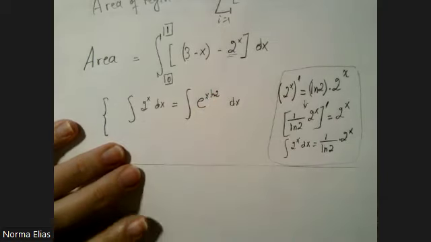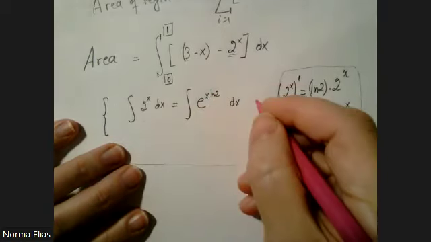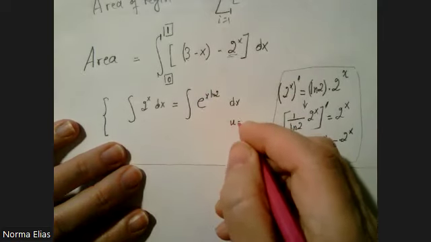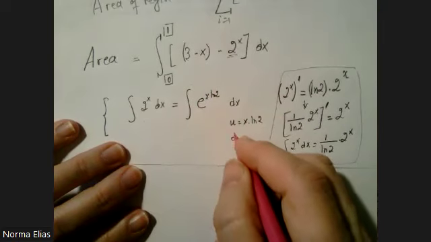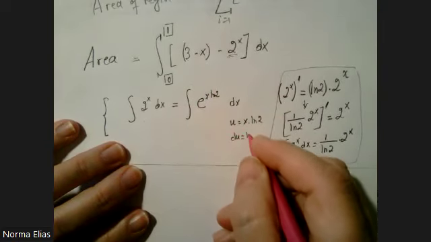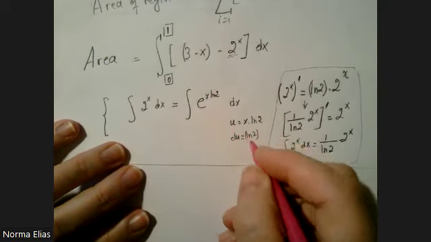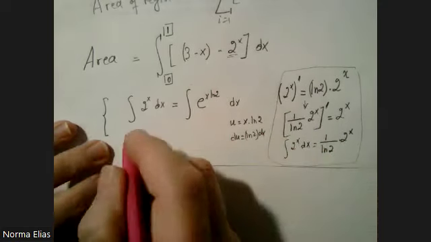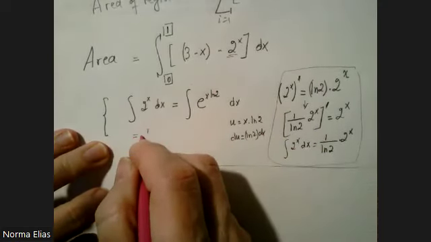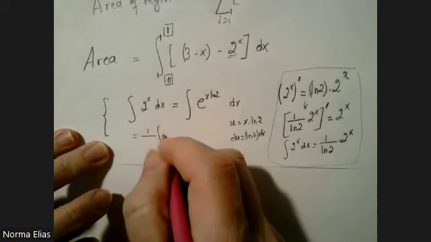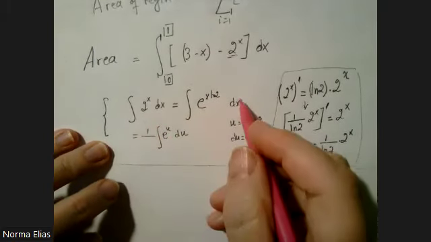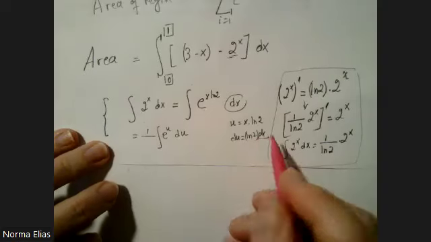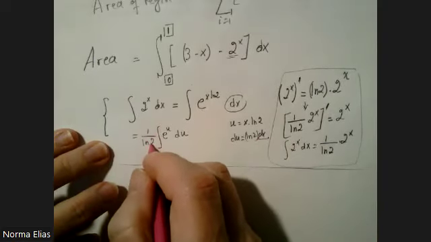Okay, now what's the antiderivative of that? I can make a u substitution, u to be x ln of 2. The du is ln of 2 dx. And this would become the following: integral of e to the u du, and the dx is 1 over the ln of 2.